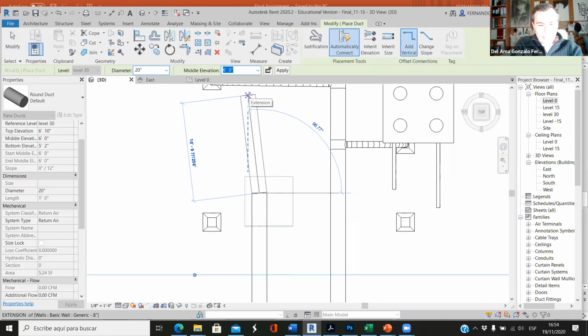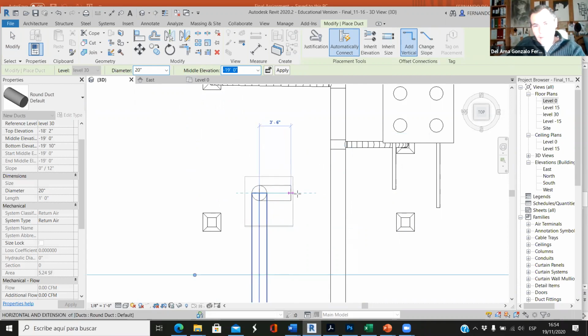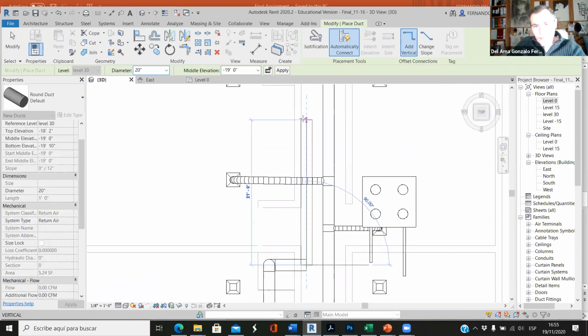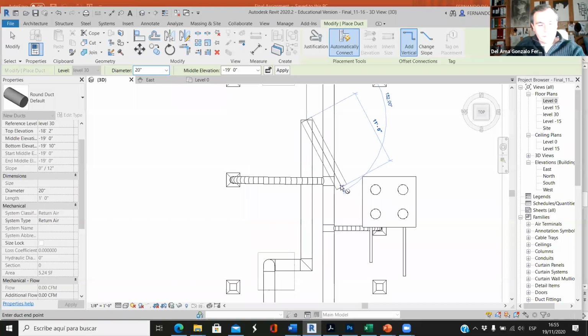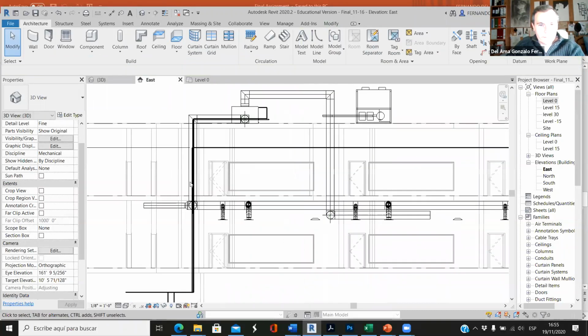So let's make it -19. Okay, if you type here -19, immediately you have a vertical duct, and then you go in this direction, and then you are now in the corridor, and you can go this way. So now we have to check this intersection.